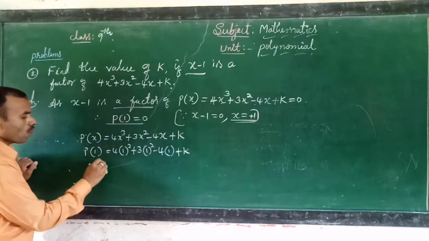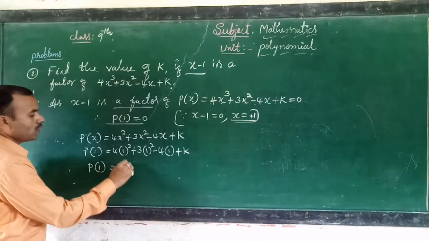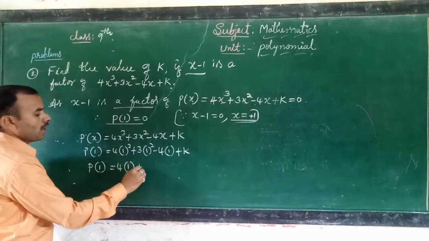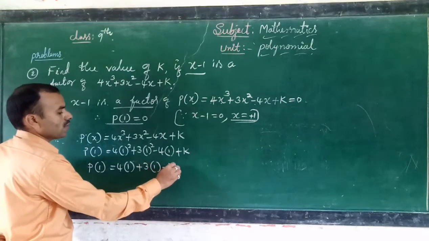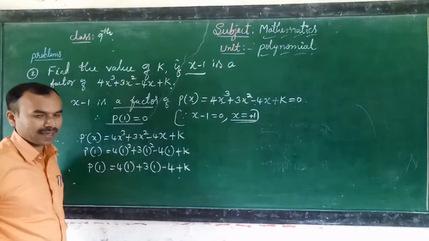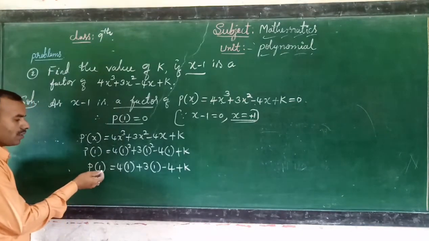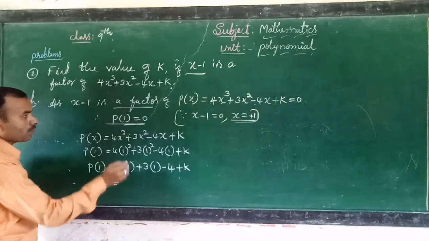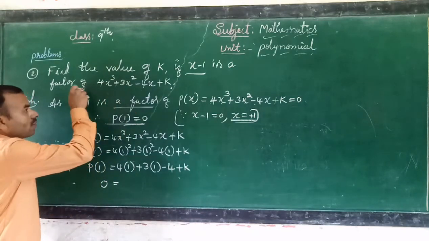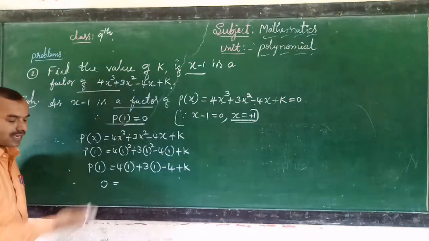P of 1 equals 4 into 1 cube, that is 4, plus 3 into 1, minus 4 into 1, plus k. P of 1 is already 0 because in the problem x minus 1 is the factor of P of x, it is given.